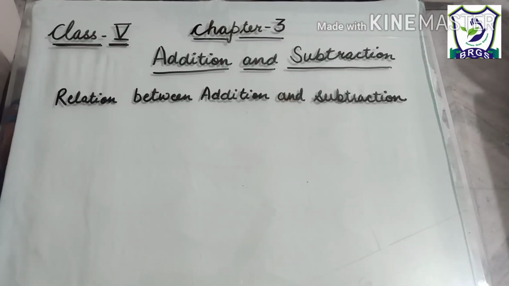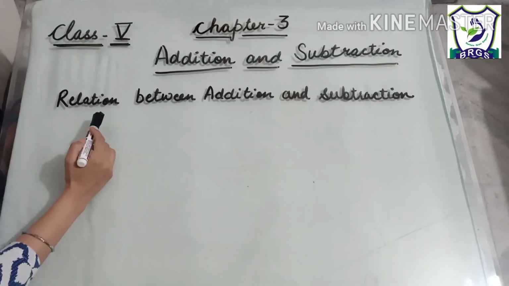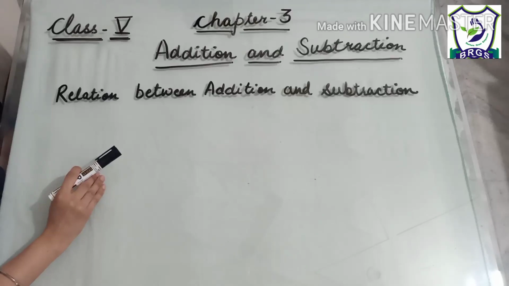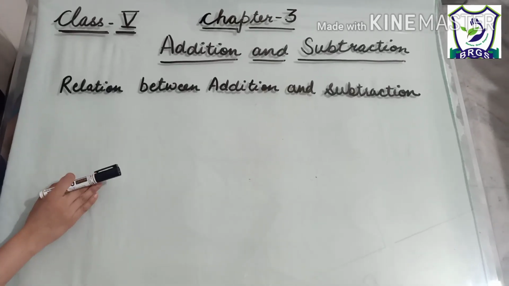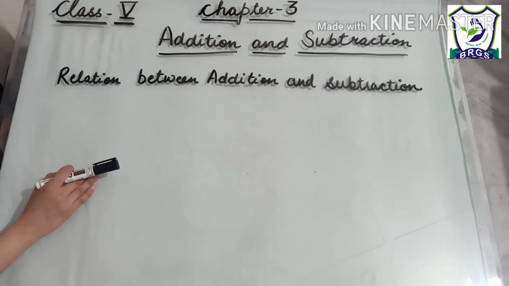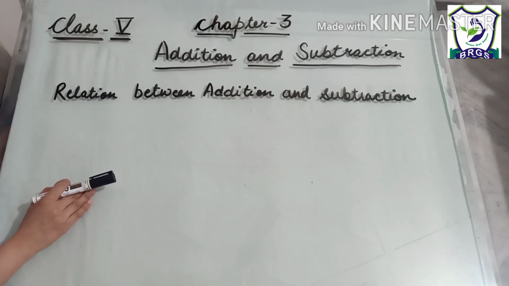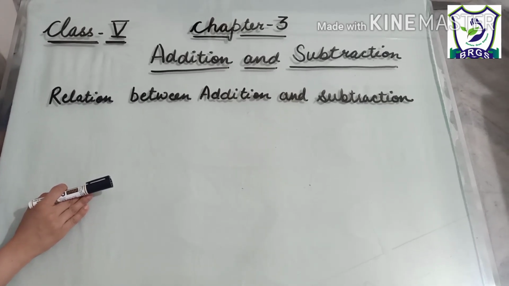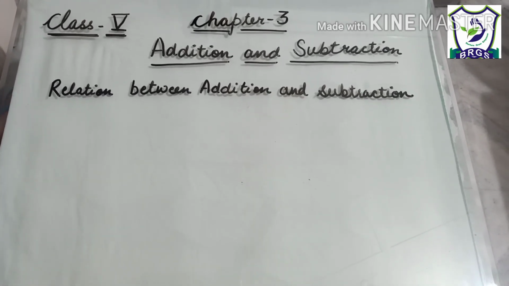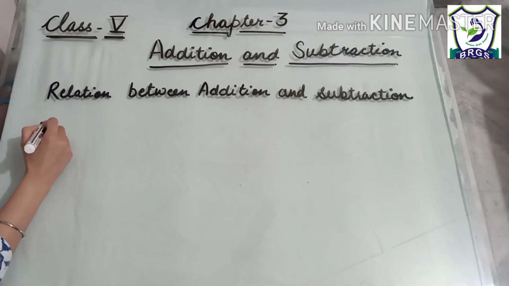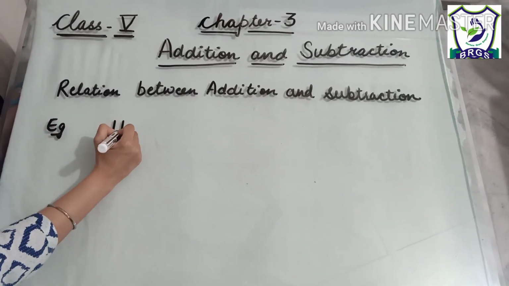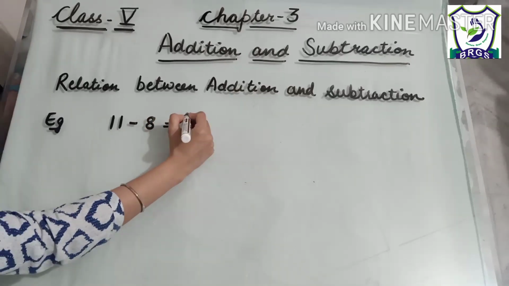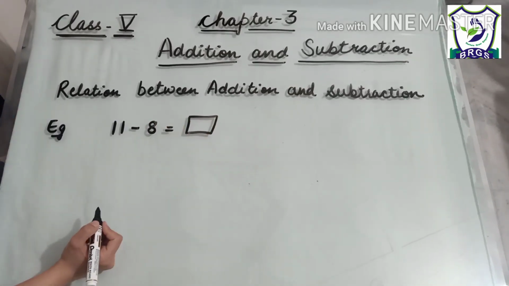Okay students, now I want to tell you the relation between addition and subtraction. Firstly, I will tell you the relation by a simple example, then we move to the questions. Suppose I take the example of 11 minus 8 equals something.